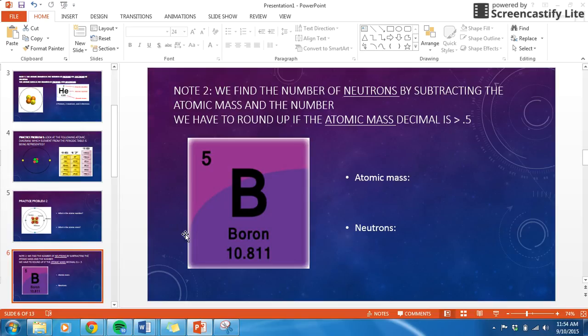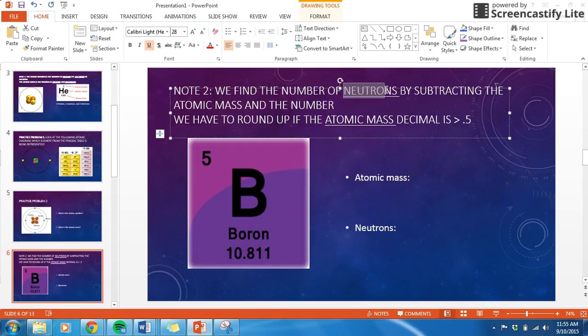Our second note. We find the number of neutrons by subtracting the atomic number from the atomic mass. And we have to round up if the atomic mass decimal is greater than 0.5. So let me explain this a little bit.